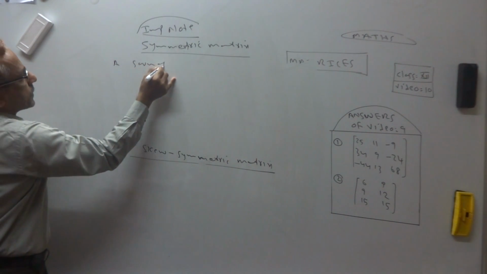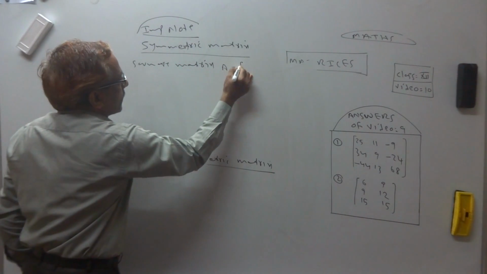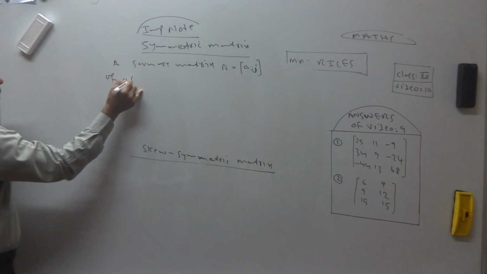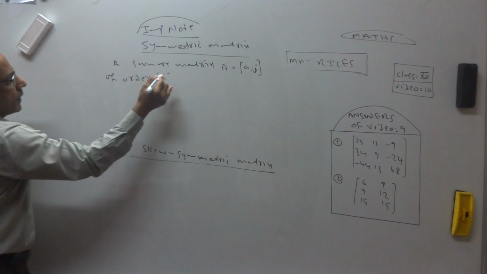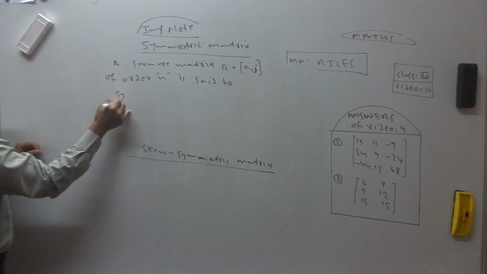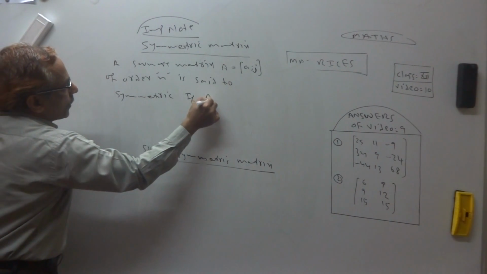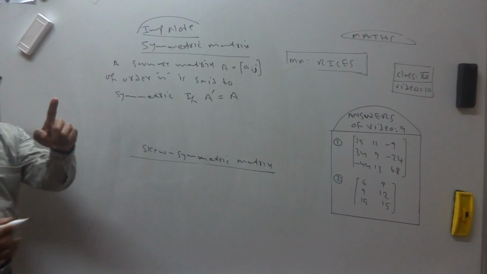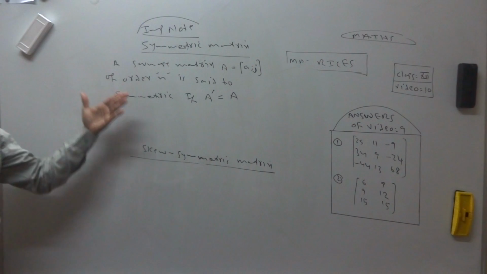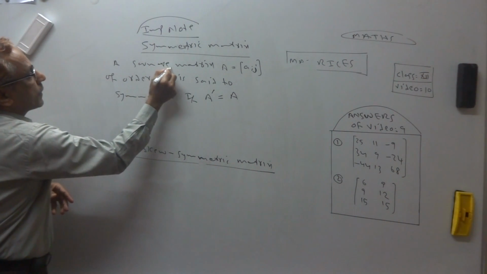A square matrix A equal to Aij of order n is said to be symmetric if A transpose is same as A. If the transpose of A is same as A, then the matrix is called a symmetric matrix, but it must be a square.